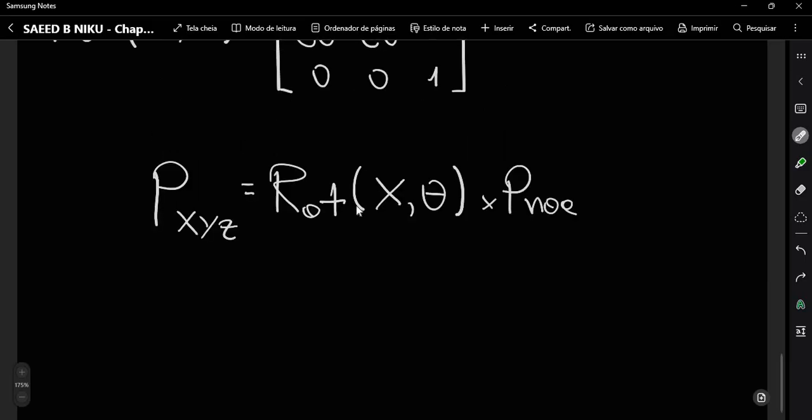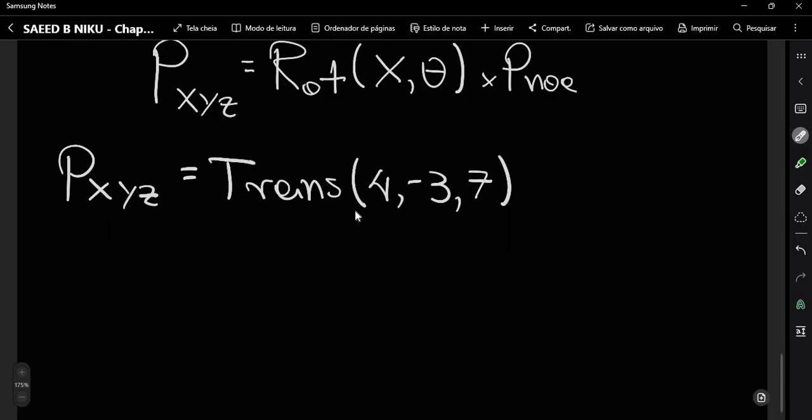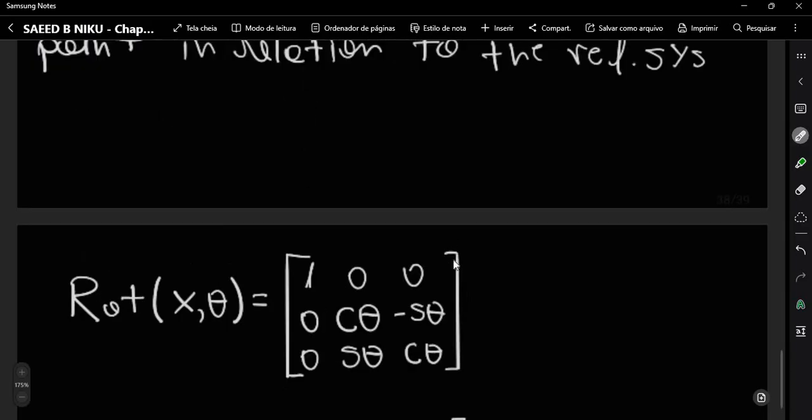So the point will be decomposed on sines and cosines based on this transformation. So we will be left with the following, a translation changing to these coordinates.